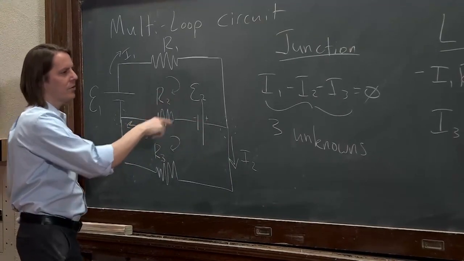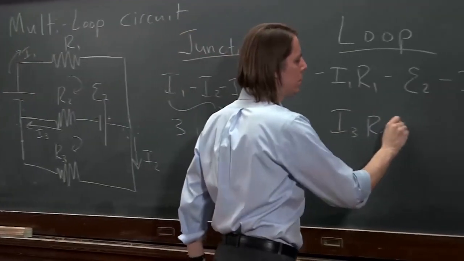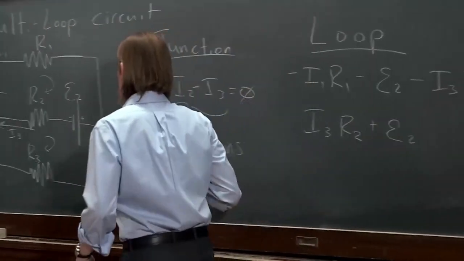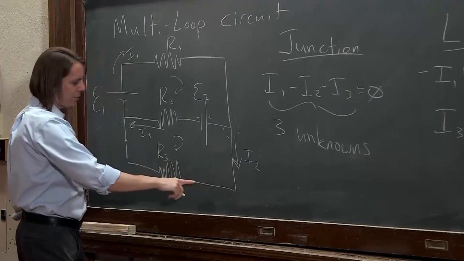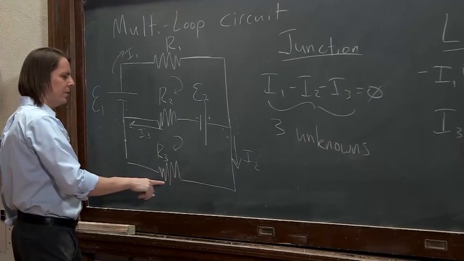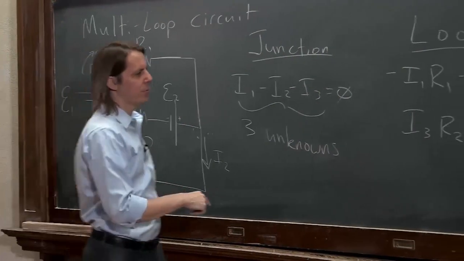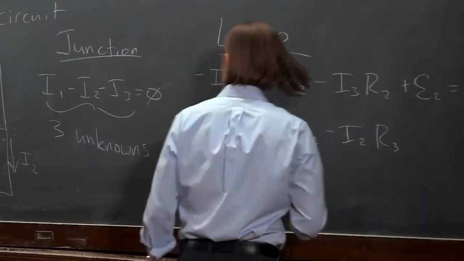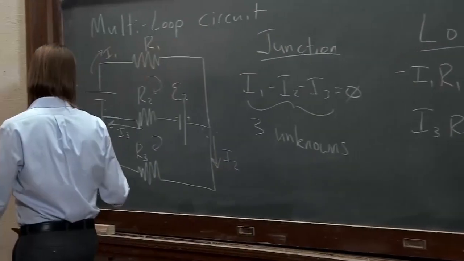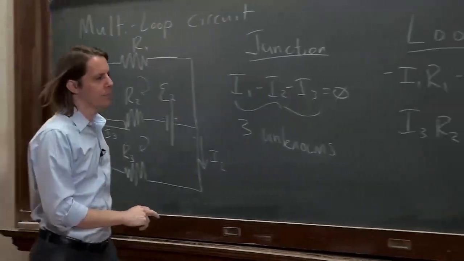So that's plus EMF 2. And then we're going down across, and now we're going with current 2 across R3. So that's minus I2 R3. And then we're back where we started, so equals 0.